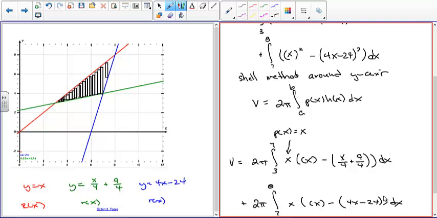Okay, so let me introduce this concept of what would happen if I rotated around something other than the y-axis. So let's, I'm going to add a page.